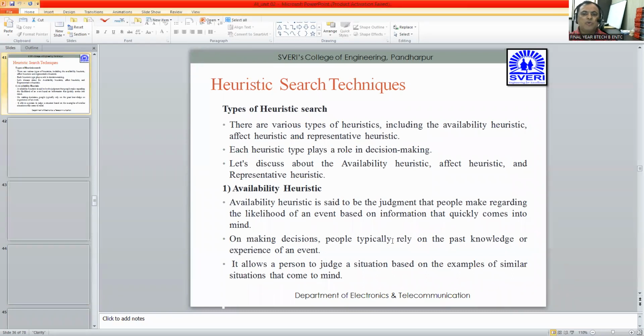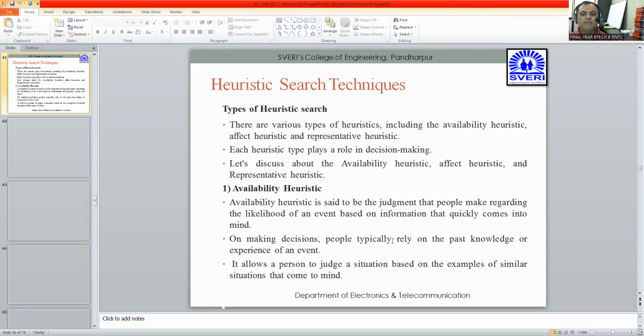Then the types of heuristic search. Mostly there are 3 types of heuristic search available: the availability heuristic, effect heuristic, and representative heuristic, as each of the heuristics plays a role in decision making.